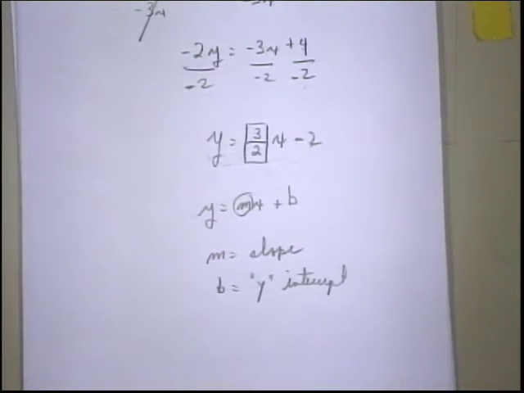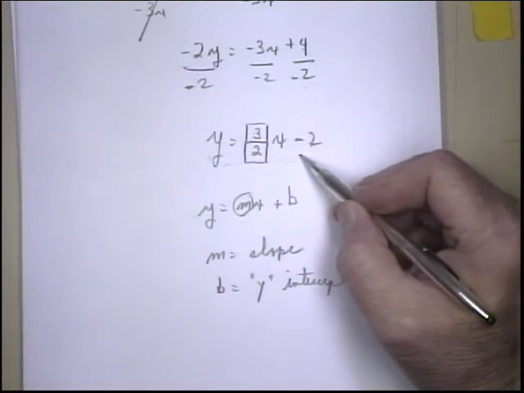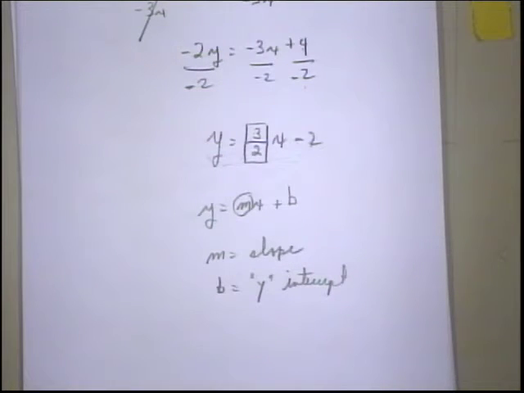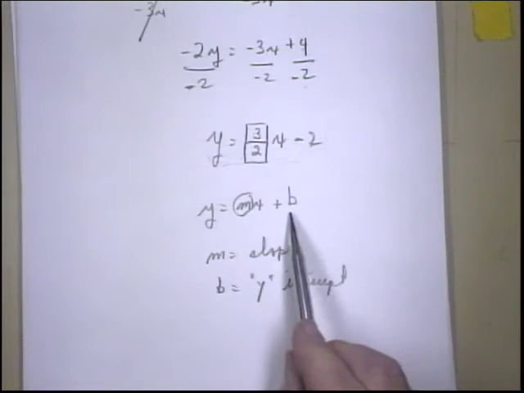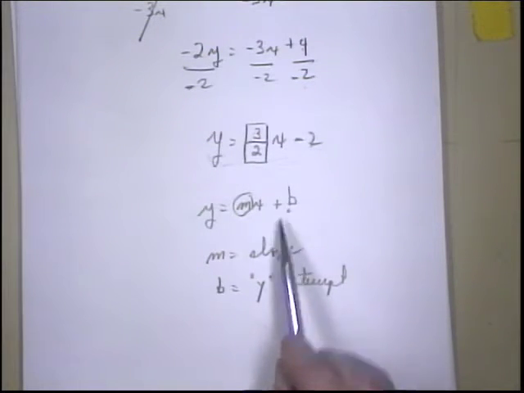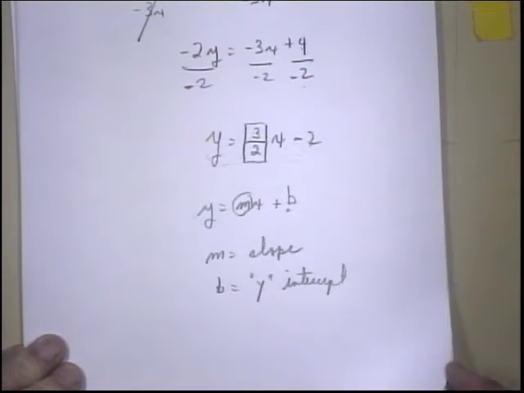Now, if we can put equations into this form, it's going to make our graphing process a lot easier, because we'll know the slope of the line and we'll know a point on that line, and that point is the point where the line crosses the y-axis. So let's look at the example in your book and use the slope and y-intercept to sketch a line.